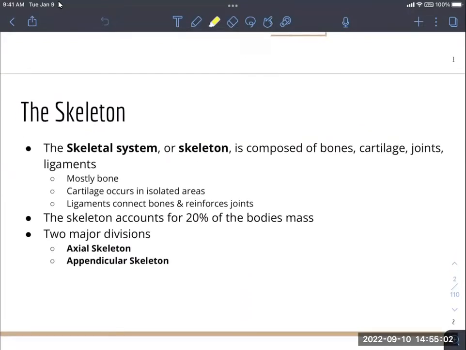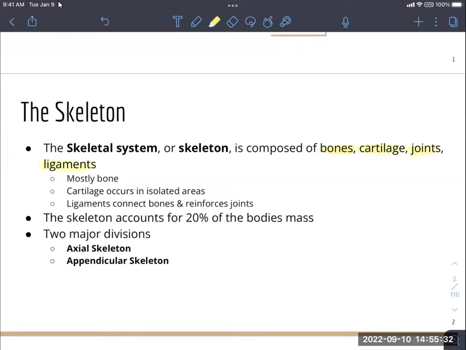Last chapter, we looked at how bone is made. Now we're going to look at the names and parts of all the different bones. So the skeletal system, or the skeleton, as we've talked about, it's bone. But we also have, as part of the skeleton, cartilage, because remember, cartilage is on the ends of all of our long bones. And our short bones, any joint that moves has cartilage. Speaking of joints, ligaments.